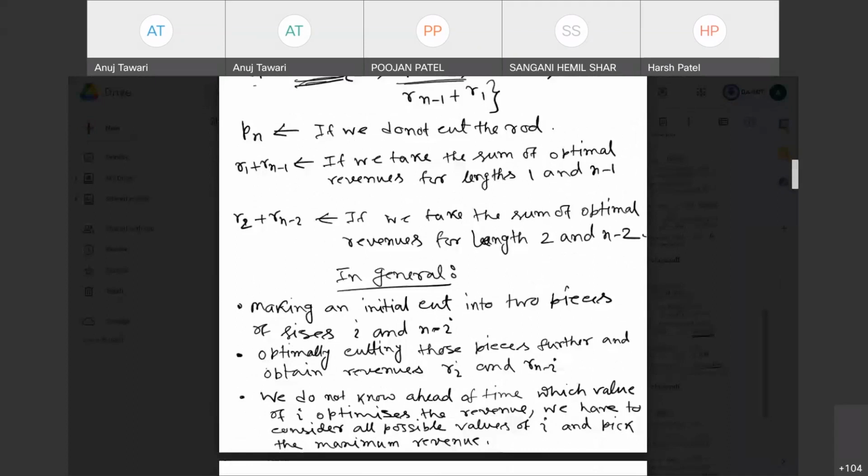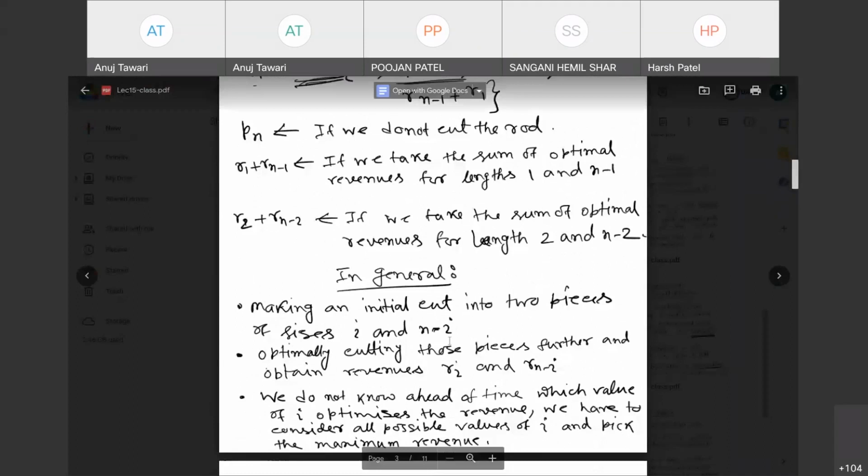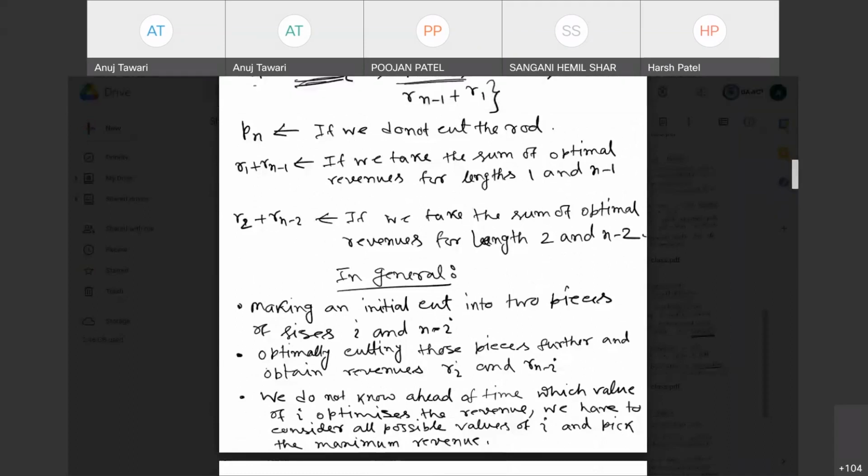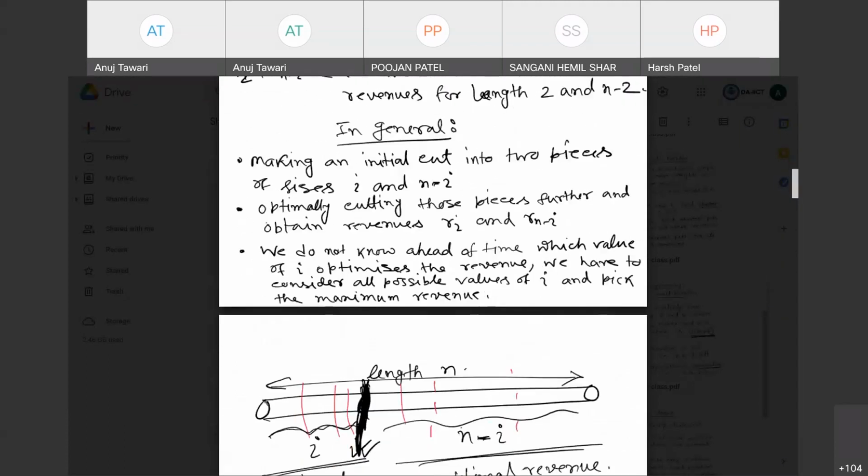But we don't know which i and which n minus i we should pick here. So that's what we have to guess. As I said, dynamic programming is about guessing and then considering all possible guesses. So i could be any value from 1 to n, and then we try to pick the maximum.